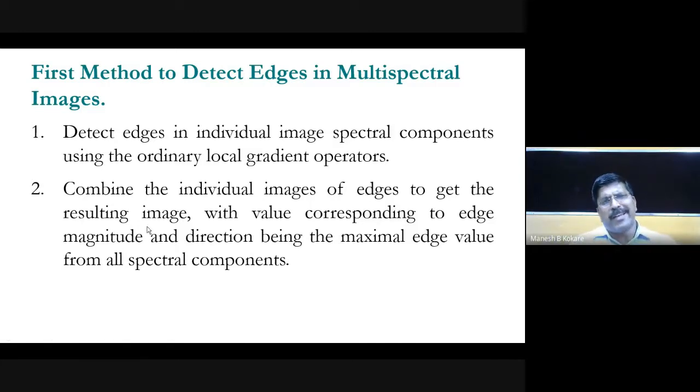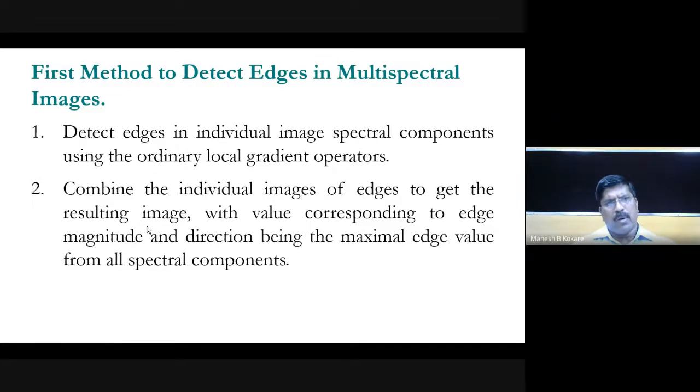Once you have detected the edges in the individual planes, combine them, with the value corresponding to the edge magnitude and direction being the maximal edge value from all the spectral components. Either you can add, or you can take the maximal value from every spectral component, and finally you have the edge-detected image in the multispectral image. So this is a very simple approach for detecting edges in a multispectral image, right? I hope this is very clear to you.